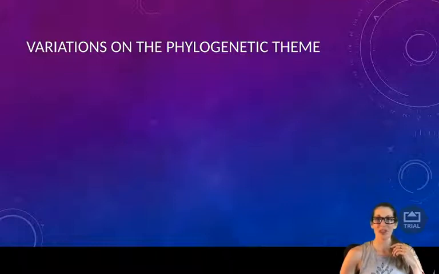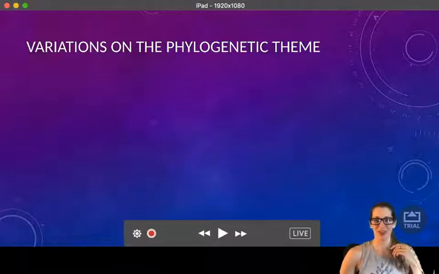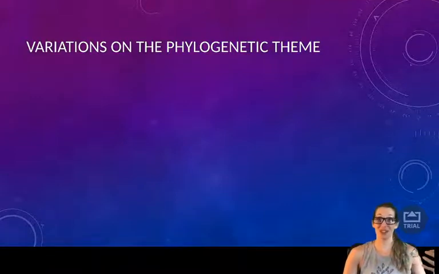We're going to continue talking about phylogenies and the phylogenetic theme. It's kind of everything that we've been talking about so far. But you just watched a video on the concept of horizontal gene transfer. That's different from the vertical transmission of genes, where genes can get transferred between phylogenies, not from parent to child.